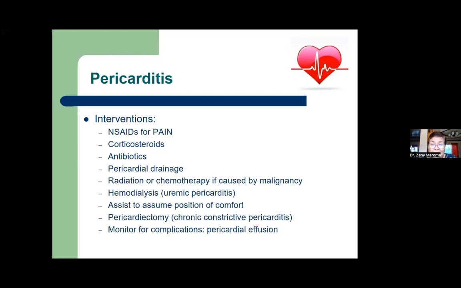Then, if the cause is renal failure, that is called uremic pericarditis, so the option is hemodialysis. The nephrologist, the doctor for the kidney, will just increase the sessions of dialysis.